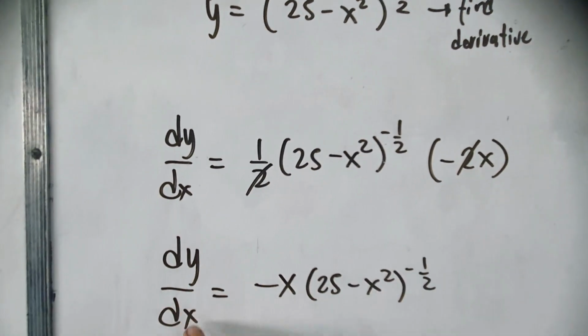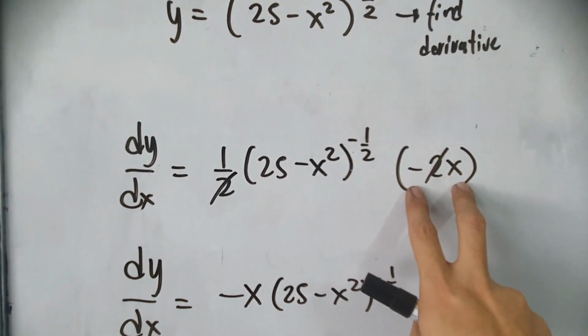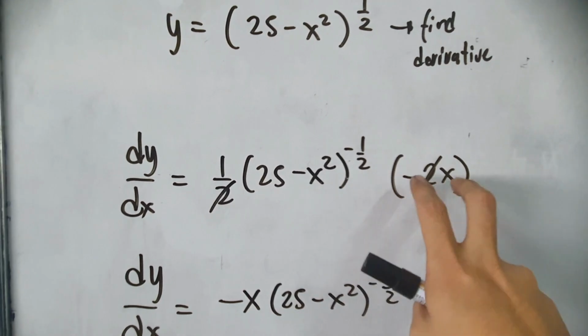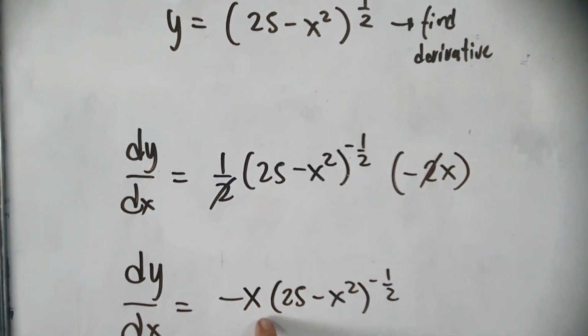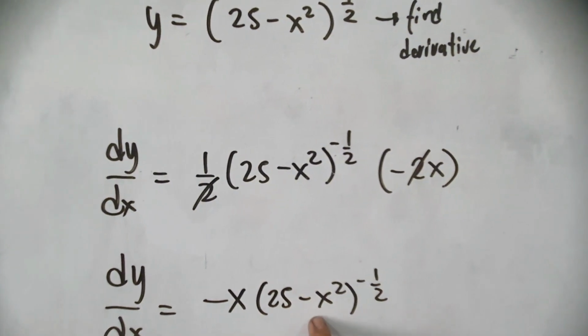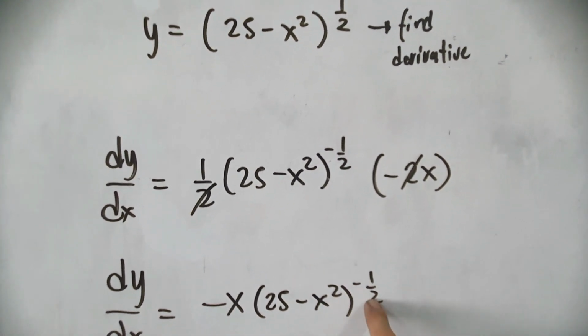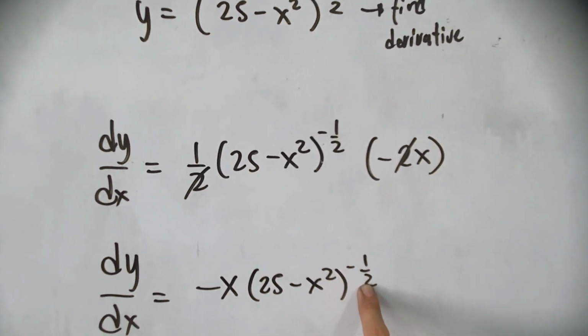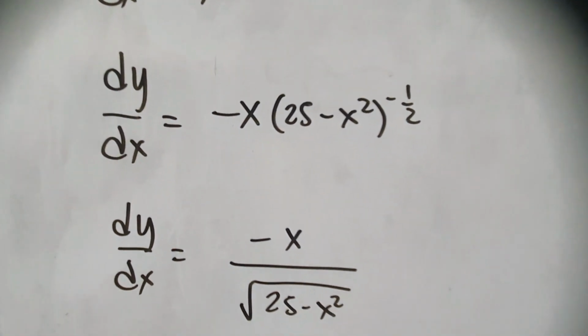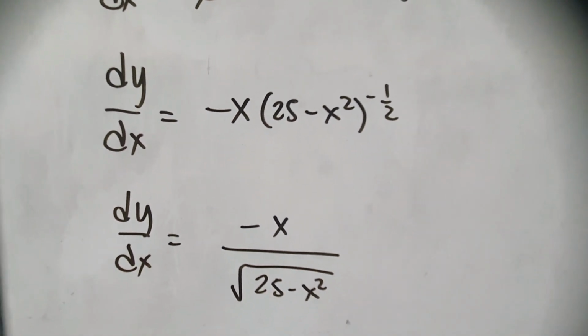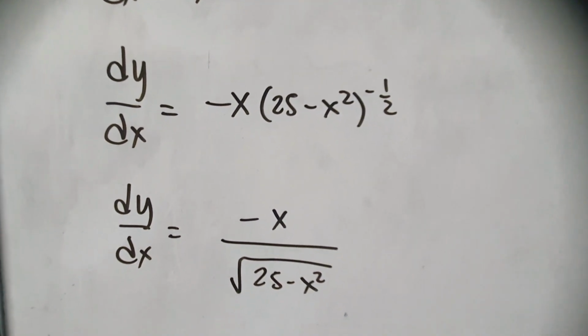So we now have dy over dx as, rewriting this one in front, negative x. Then we have our quantity 25 minus x squared raised to the power of negative 1/2. Since this is negative 1/2, we're going to write it below. So we have dy over dx as negative x over square root of 25 minus x squared.